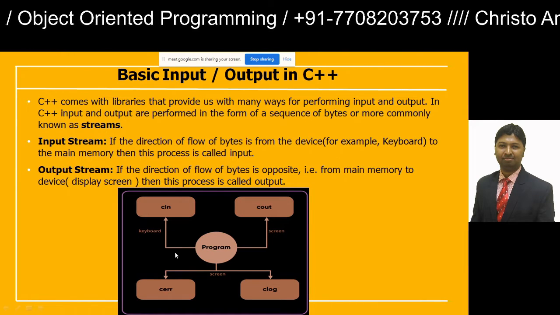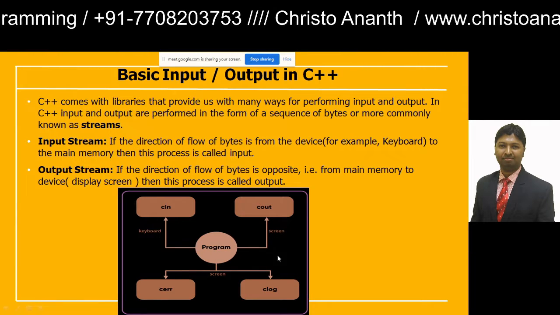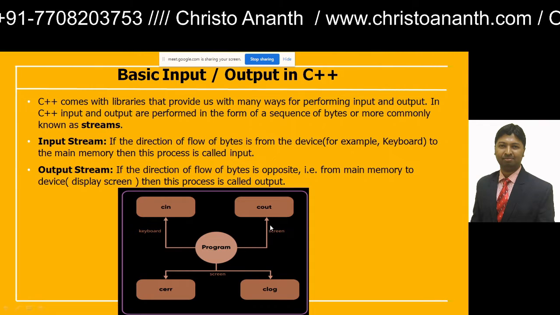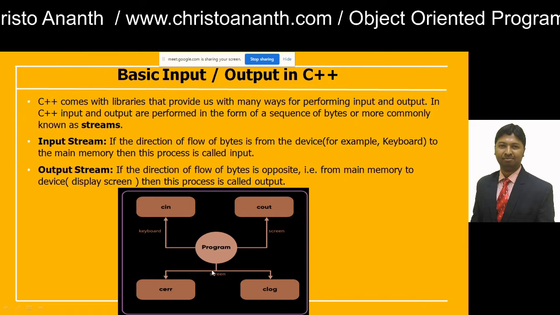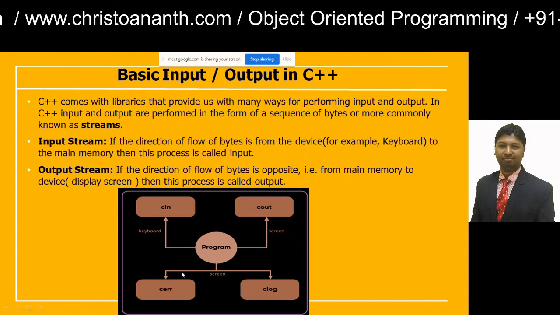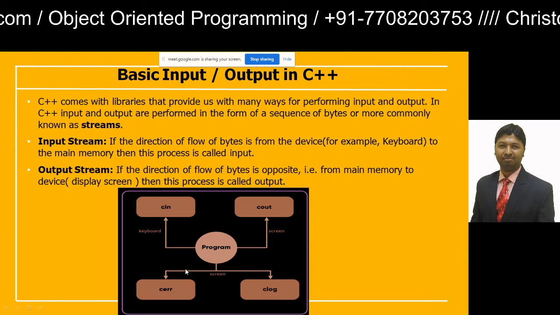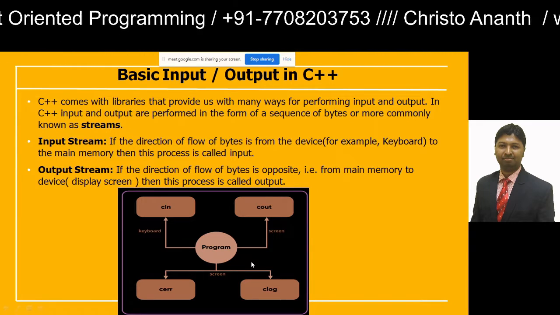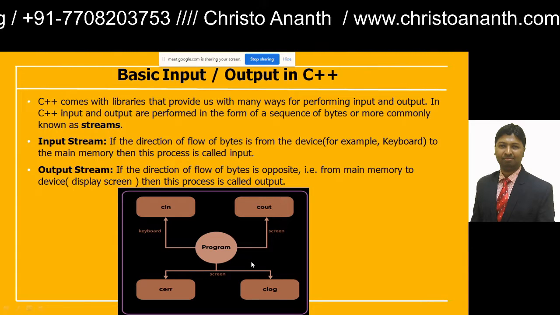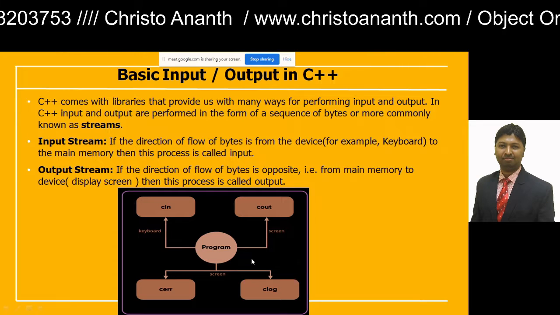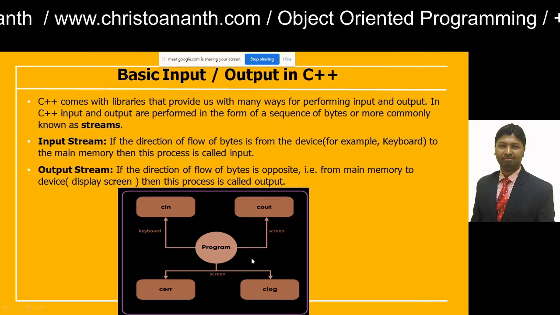Input is given via the keyboard, whereas output you get via the display screen. For displaying output on the screen, we also have two functions called cerr and clog. This is how you process the input and output, and produce the output on the screen.